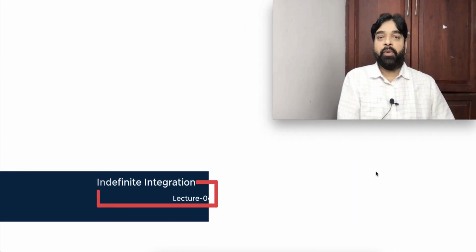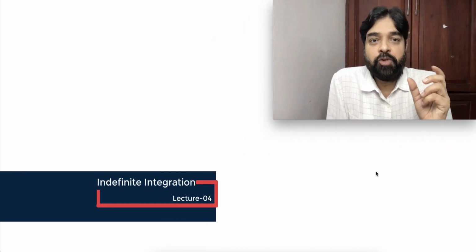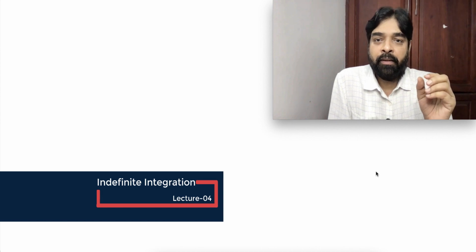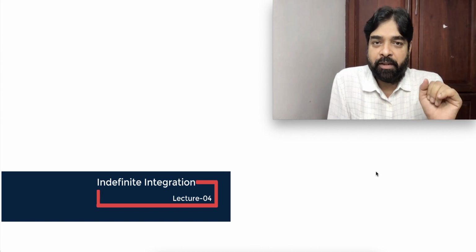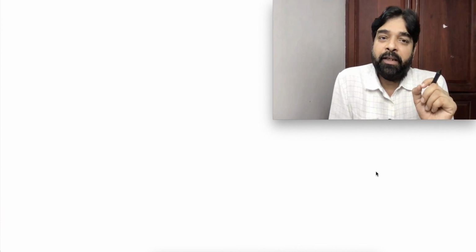So last time we were talking about the substitution method, and there we did some basic questions, sufficient from the NCERT point of view. But the substitution method is not only that.